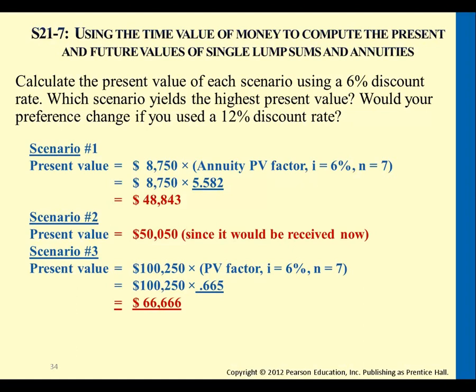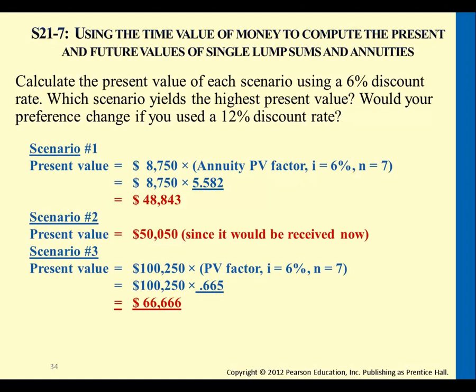To calculate that, I'm going to go into the table and I'll find that it's 0.665. Here I'm just giving it to you. Now if I were to get scenario 3 at the end, that $100,250, right now the amount of money that I would receive is $66,666. Interesting number.